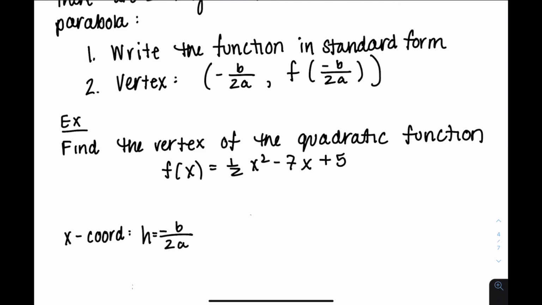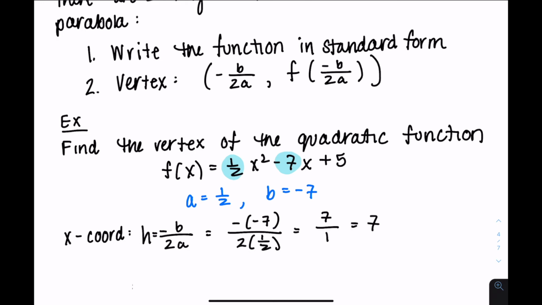It's negative b over 2a. So here is our value of b. Here is our value of a. So a is 1/2, b is negative 7. Plugging these into our formula, we find that it's negative 7 over 2 times 1/2. So it's 7 over 1, or our x-coordinate of the vertex is 7.